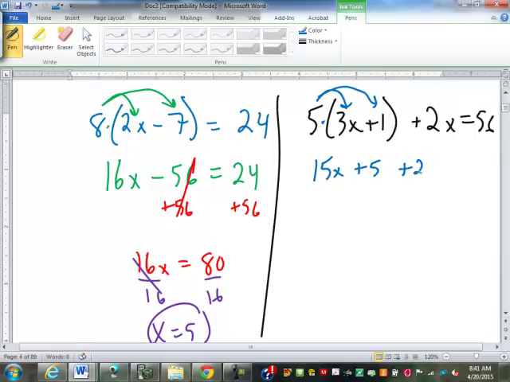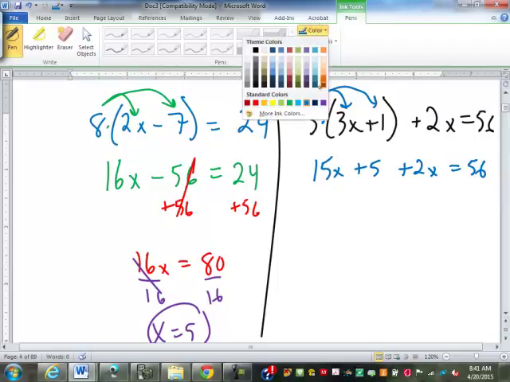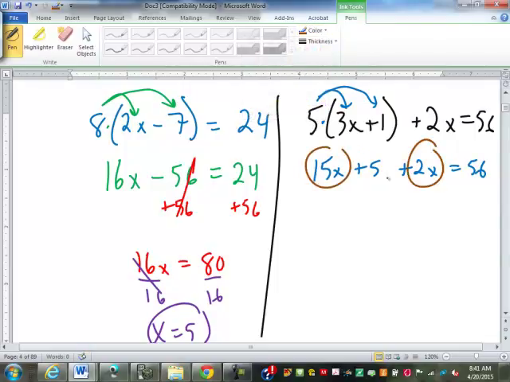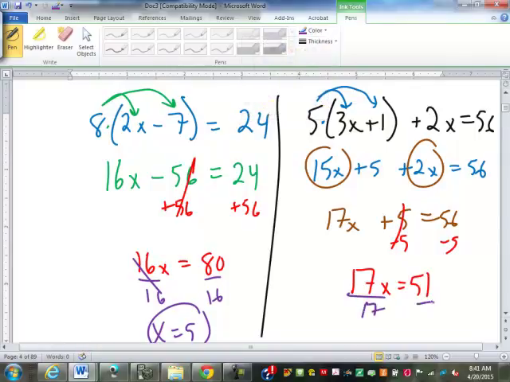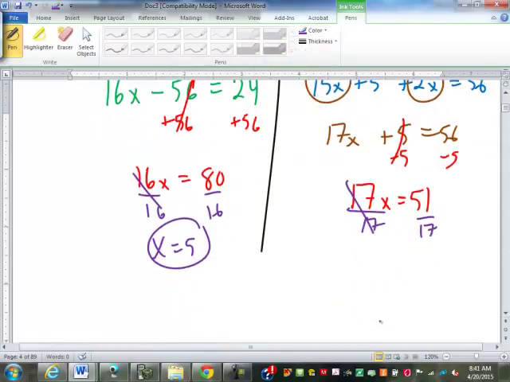Still got the plus 2x here. This equals 56. 15x and 2x make 17x. Subtract 5. Divide by 17. X equals 3.